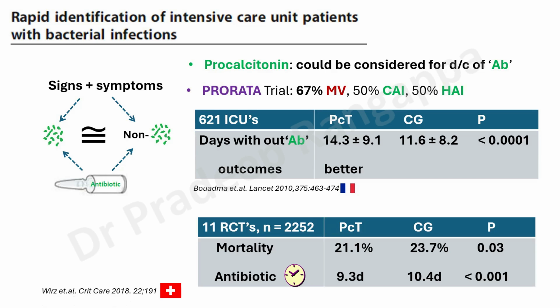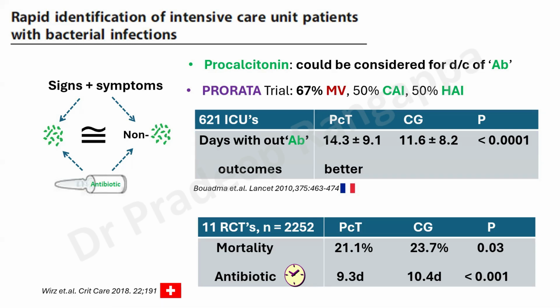The duration of antibiotics was also significantly less. So these are two reference studies which show that by using procalcitonin to de-escalate or stop antibiotics, you can in fact influence better outcomes. And this meta-analysis showed there was even a mortality benefit. In fact, after this, there was a recent trial from Greece which also showed mortality benefit.